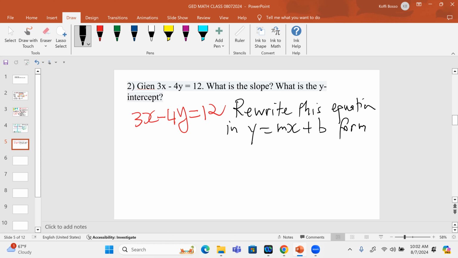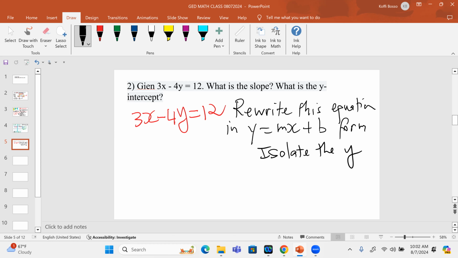And how to do that? That means we need to isolate the y. Perfect. So to isolate the y, that means what? We need to get rid of the 3x and the negative 4 to get that y alone on one side.